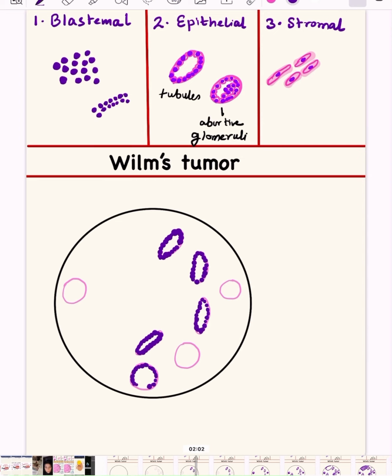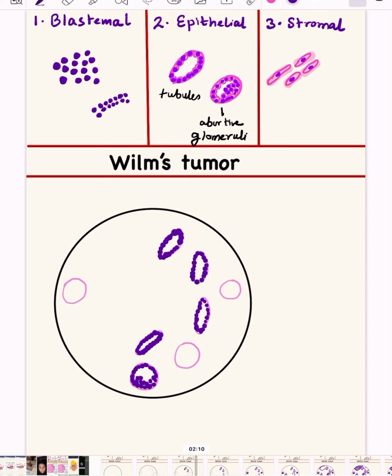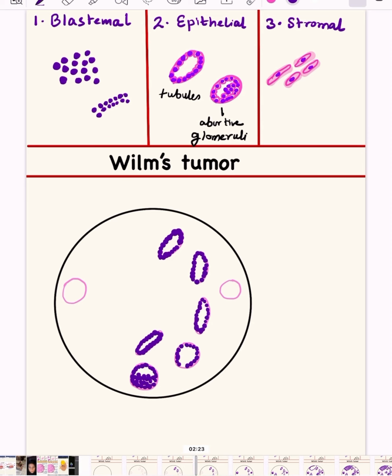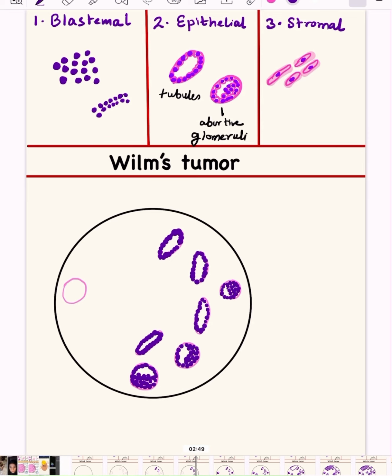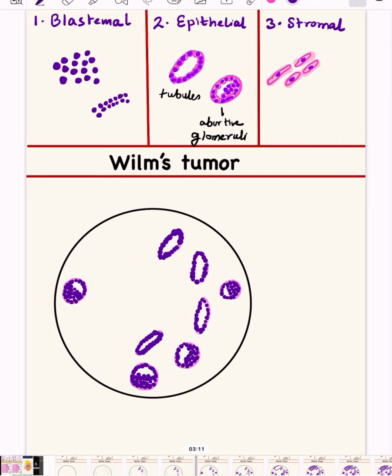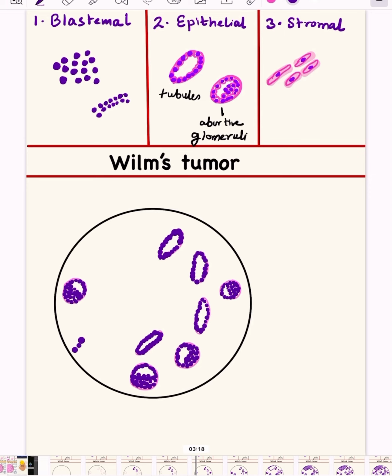For the glomerular-like structure, we fill this lumen partially with these cells, so they look like abortive glomeruli like this. You first make the outer outline of these cells, then you fill the lumen partially with these cells.